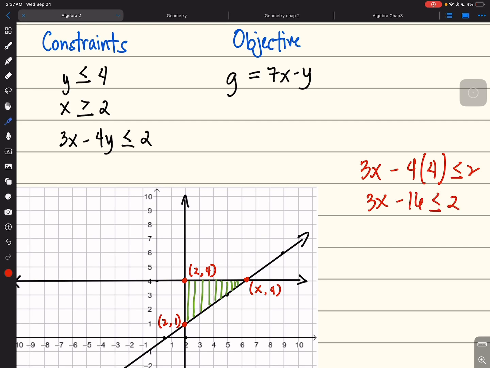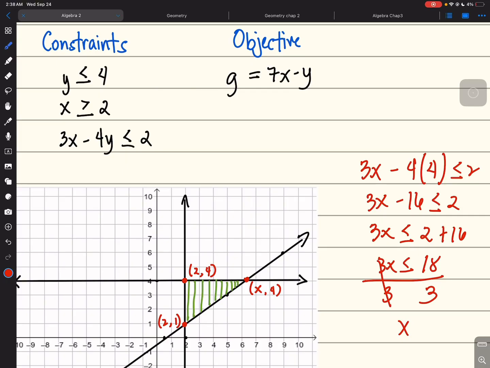And then move negative 16 to the other side so that it will become positive. So 3x less than or equal to 2 plus 16. And then combine 2 and 16, so that is 18. Then 3x, divide both sides by 3. So what do you think is the value of x? How many 3s in 18?